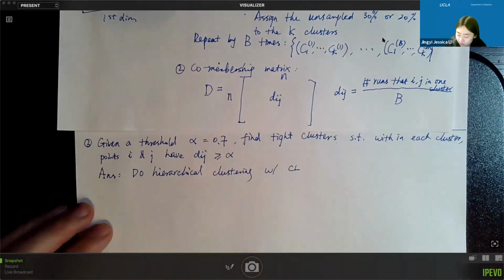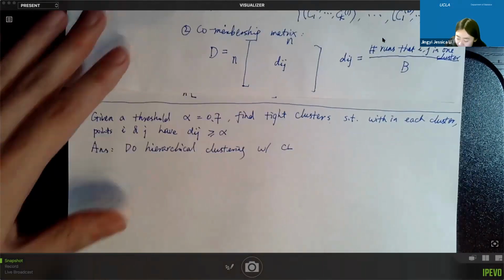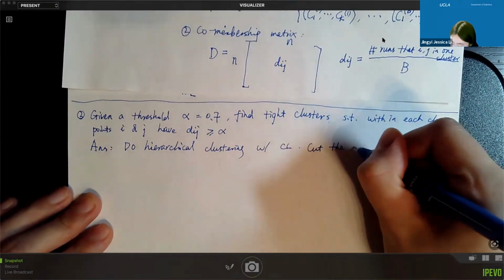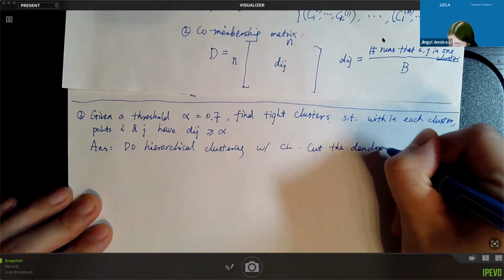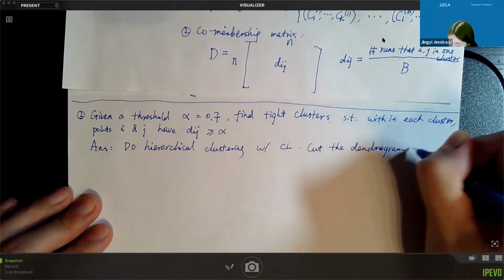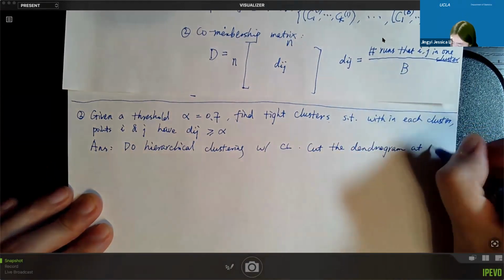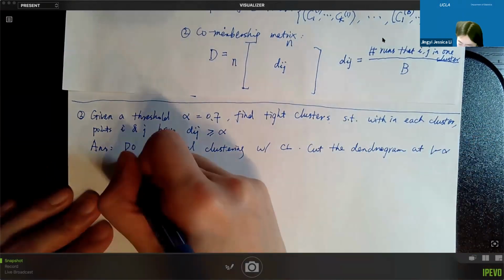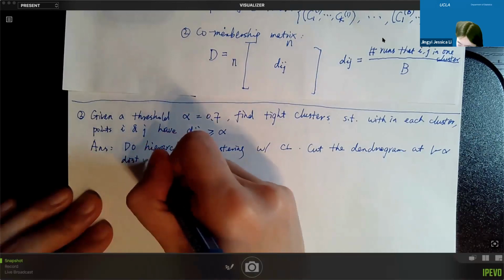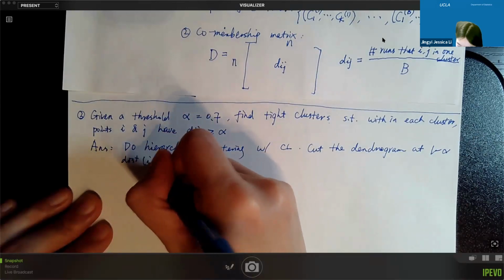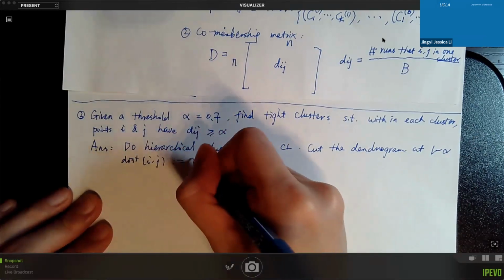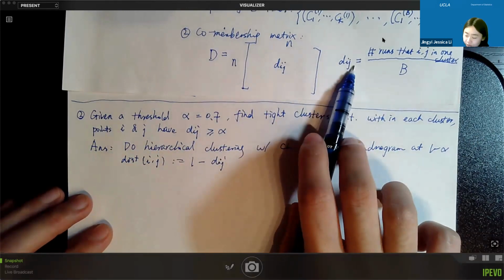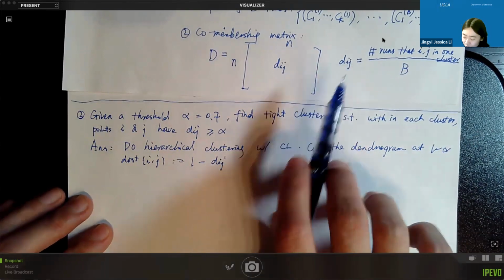With this, you combine your data points, and then you can cut the tree, the dendrogram, at 1 minus alpha. Basically, the distance between i and j is defined as just 1 minus dij, right? Here, 0 means perfectly similar, and we just do 1 minus that.